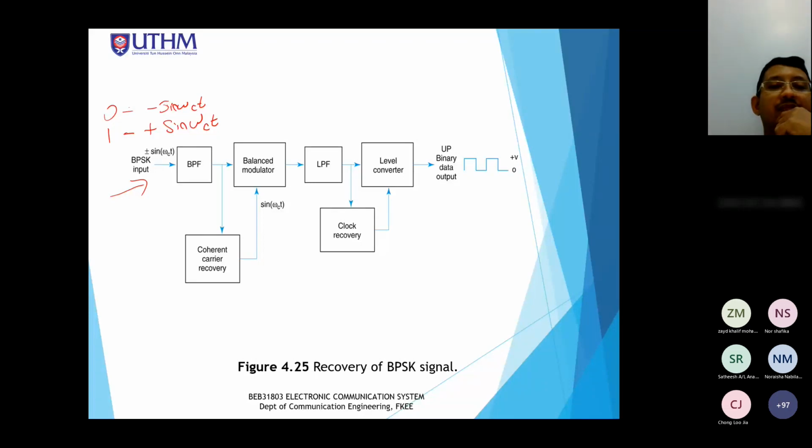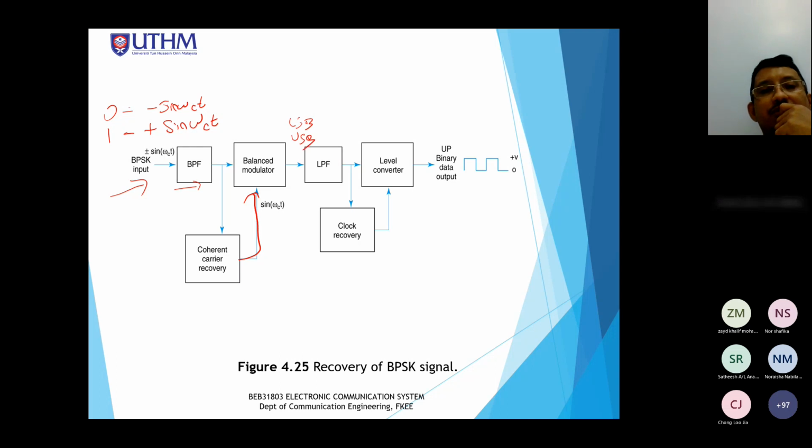It goes through the band pass filter, and then since this is coherent detection, at the balance modulator we multiply with another sine function. Sine multiplied with sine produces a lower sideband and upper sideband.